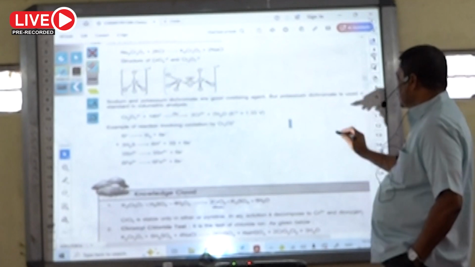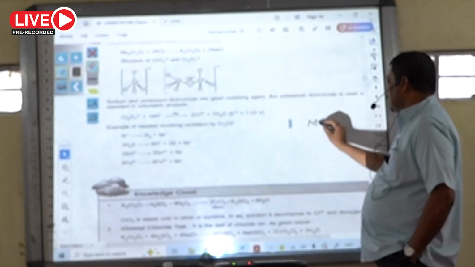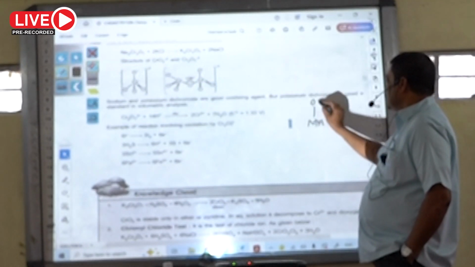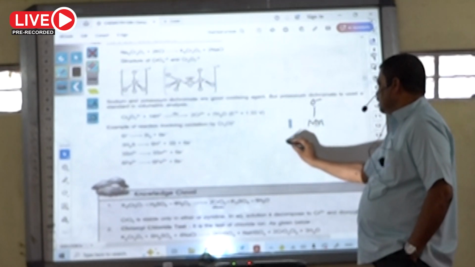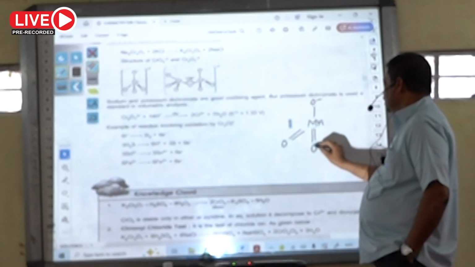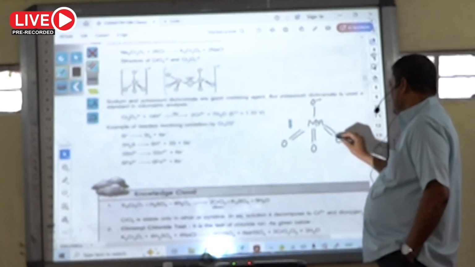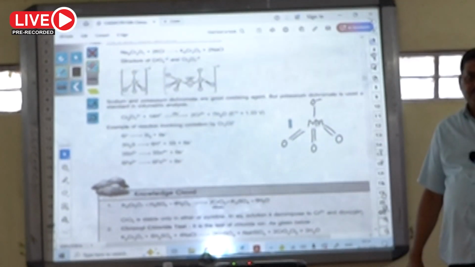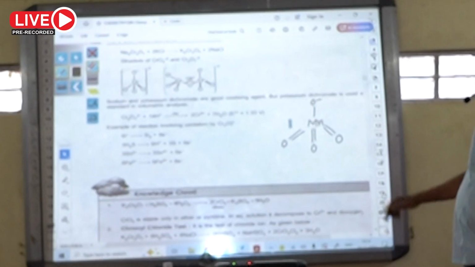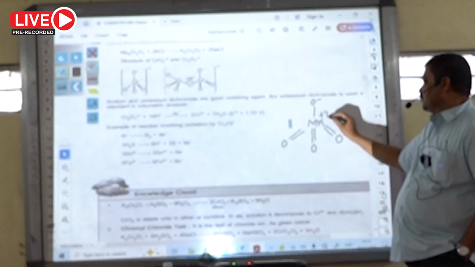This point, yesterday we just have seen but not answered. This is permanganate ion. So here manganese is in +7 state.